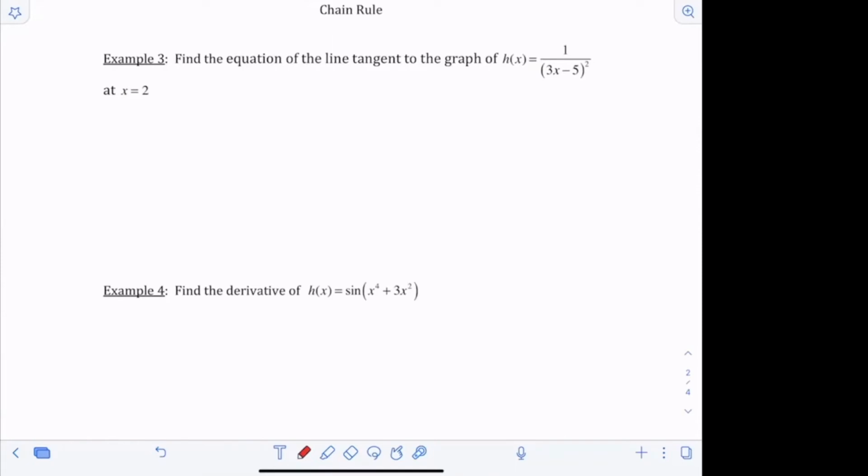The first thing we need is a point. How we find the point is we get 2 and h of 2, and that is equal to 2 comma, when I plug in a 2, I get 1 over 1 squared, which is just 1. So it's 2 over 1.